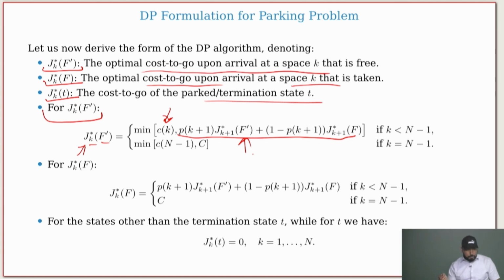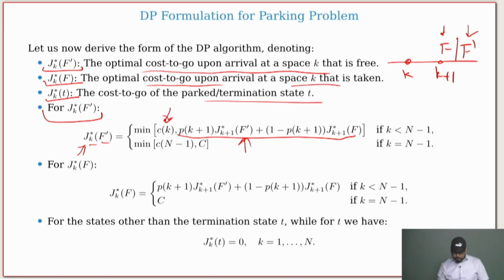In K plus 1, you will be in either case where the K plus 1 parking space is occupied or not occupied. So you are at K, and at K plus 1, you will have either F or F prime. Either the parking space at K plus 1 is free or it's not free.